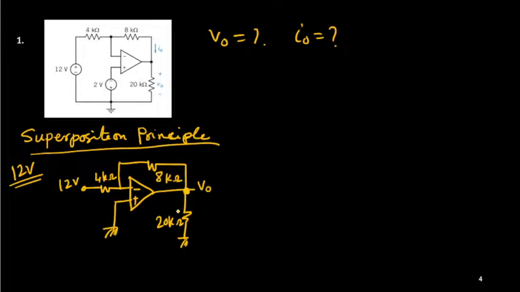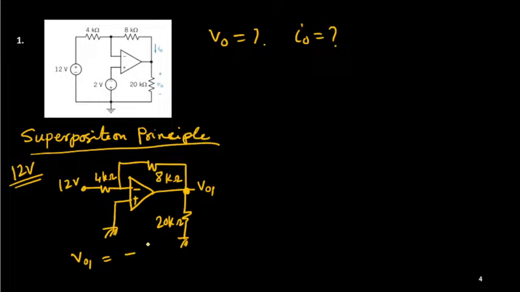Okay, so this circuit is simply an inverting type amplifier. I'll call this output voltage V01. So what is V01? Its gain is minus RF by R1. RF is in this case 8 and R1 is 4.